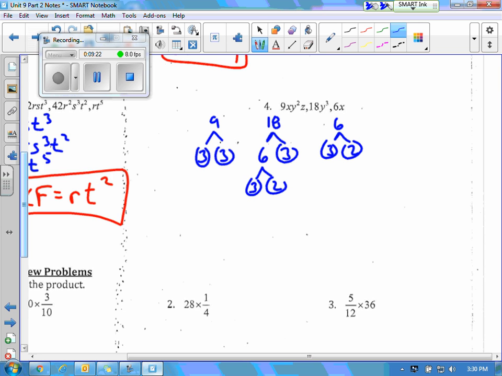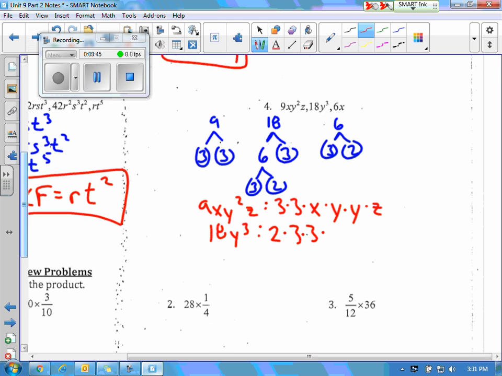Now, since these all have number parts, it's going to be a lot more important to write out what they have. So I'm going to have 3 times 3. I have an x, 2 y's, and a z. So 18 y to the third. I have a 2. I have 2 3's, and I have 3 y. And then for 6x, I have a 2, a 3, and an x.